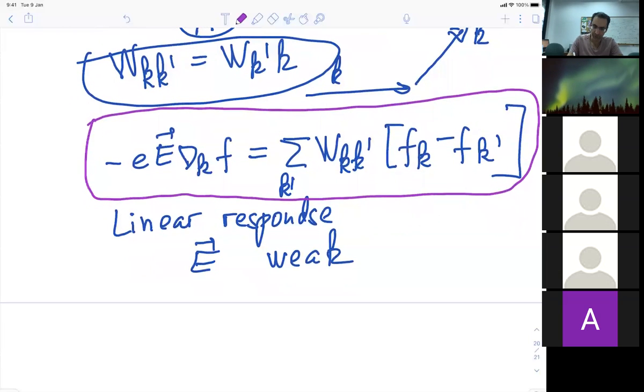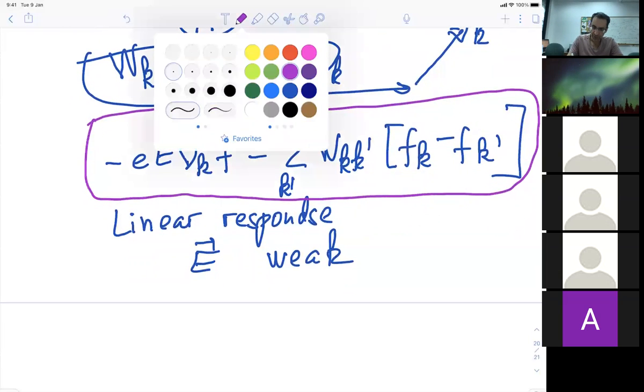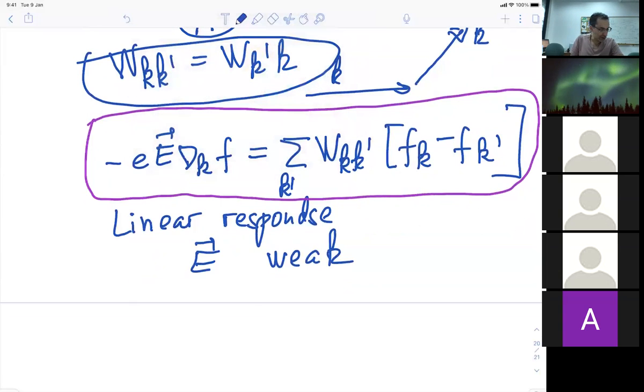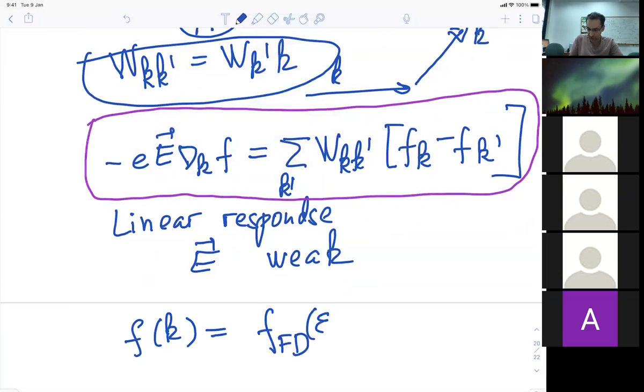So how do we do it? We say that the distribution function in the presence of electric field is essentially an equilibrium distribution function, the Fermi-Dirac distribution function that we discussed last time, plus a small correction.